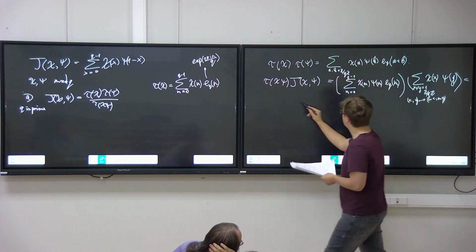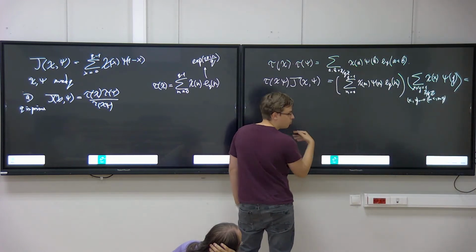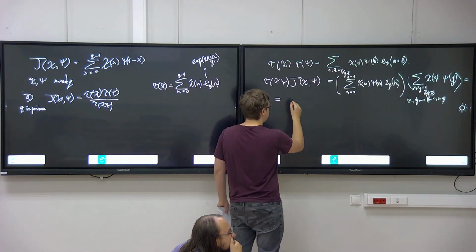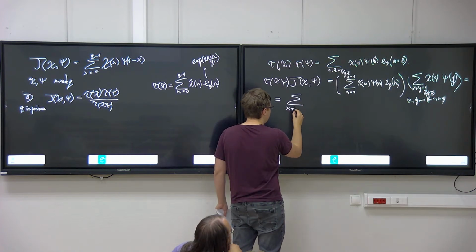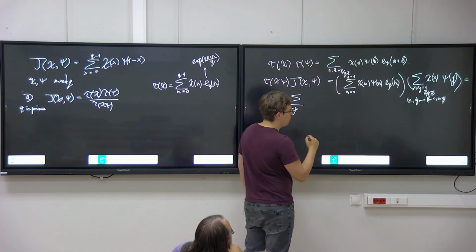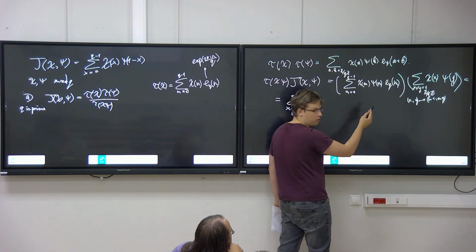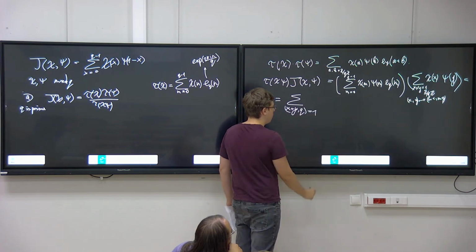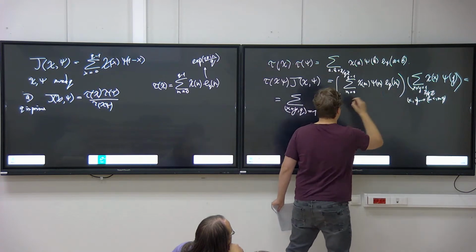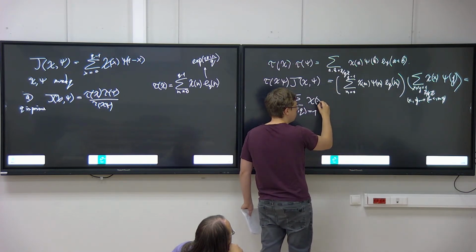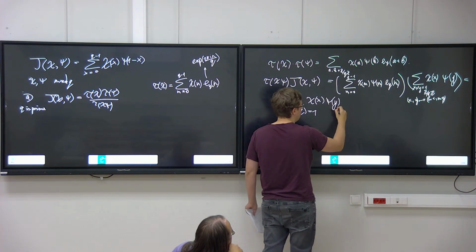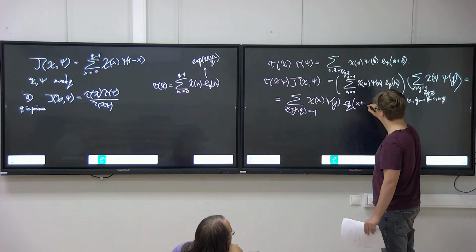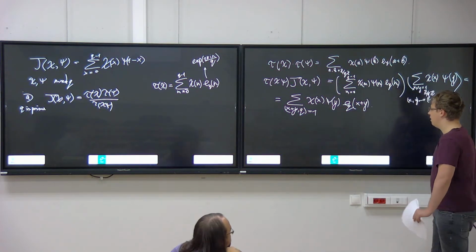So this is equal to what? Maybe you can tell now. The sum of x plus y should be relatively prime to q, and then we have chi of x, psi of y, e of q of x plus y.